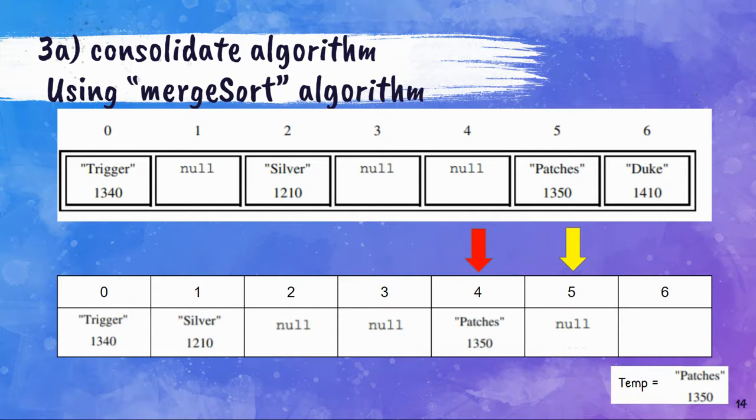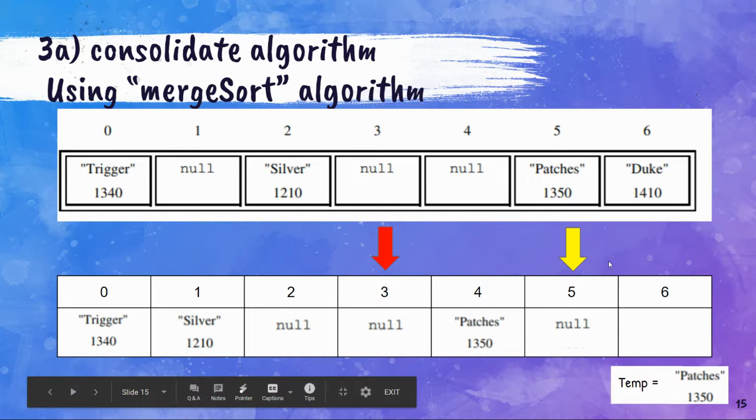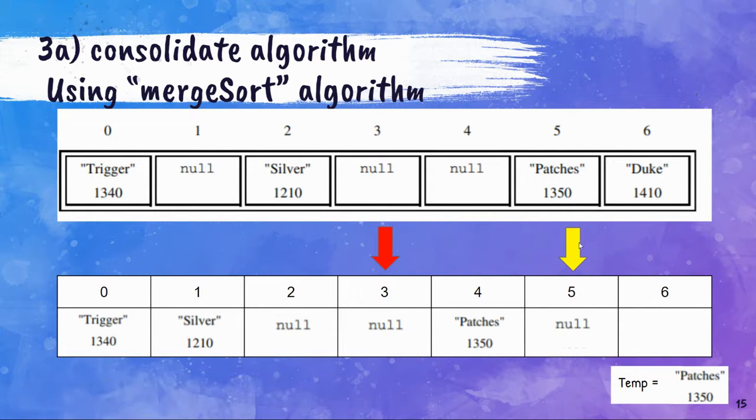Okay, now keep repeating that process. Notice what happens is that red arrow is going to go back 1. The yellow arrow over here, this is staying fixed. If I move this guy back, I wouldn't know where I was in my list. So I want to keep this one the same, pointing exactly where I was, so that I can go on to Duke, go on to the 6th spot, the 7th stall, when I'm done.